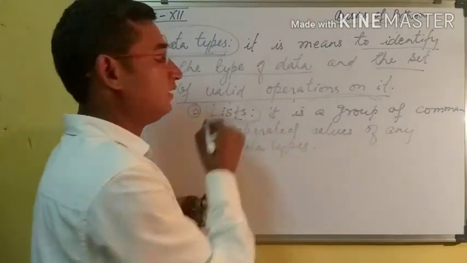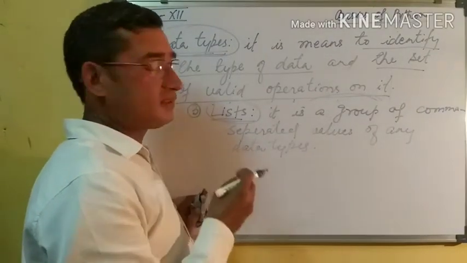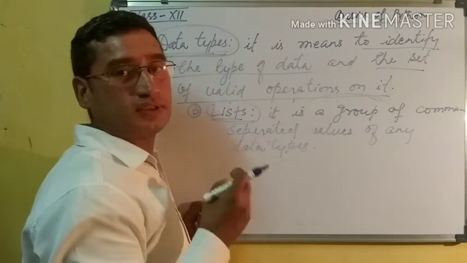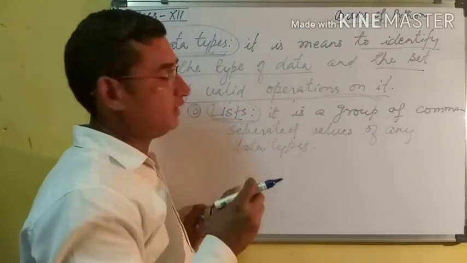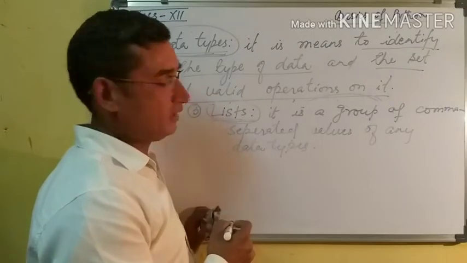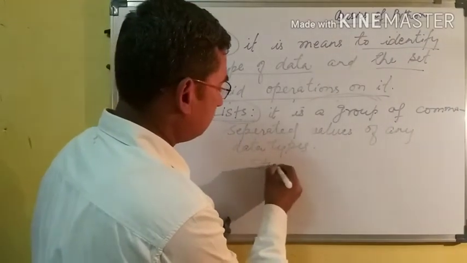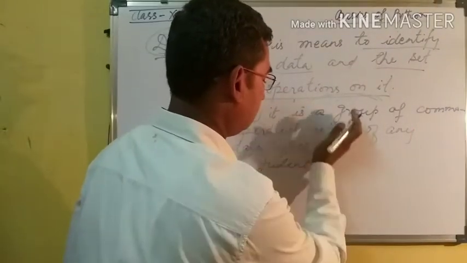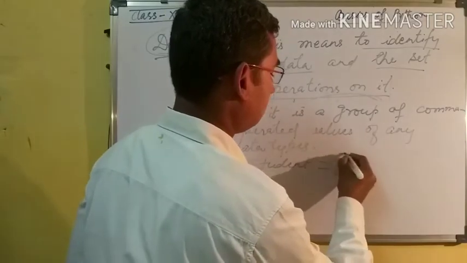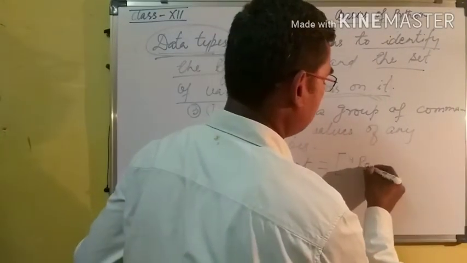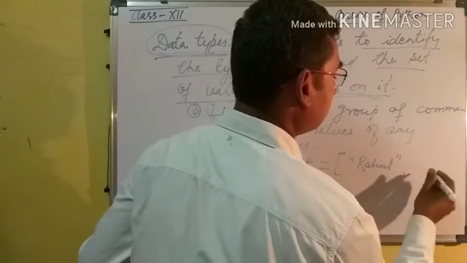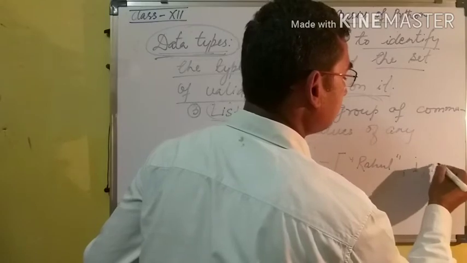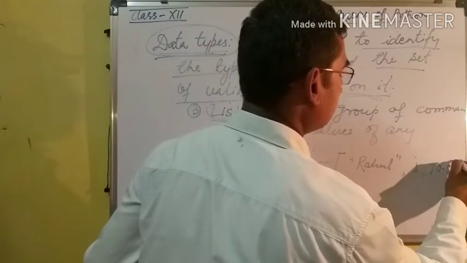Let's see a kind of array. It means in this list, suppose you want to store a student's information in a single variable, then list is a place where you can store it. Suppose the student is Rahul, roll number is 1, marks 70.5.